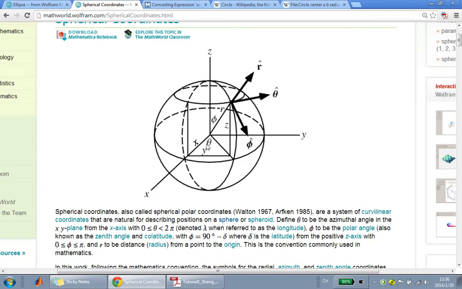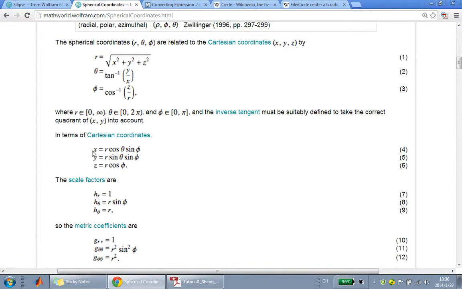Theta is the angle between the projection of this line in the xy plane and the x-axis. And we know that the x coordinate is the radius r sine phi times cosine theta. And for y, the radius for that circle is r sine phi times sine theta.